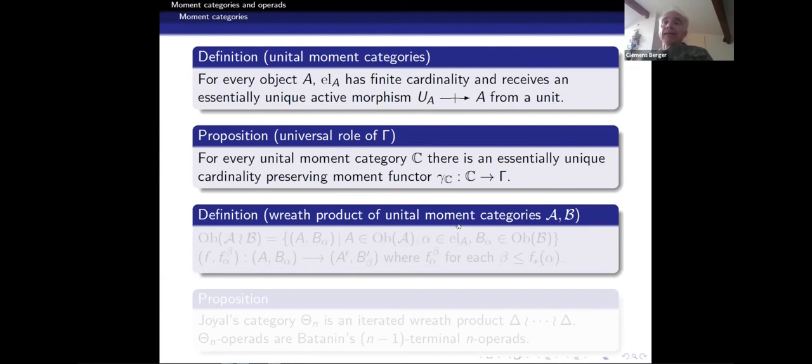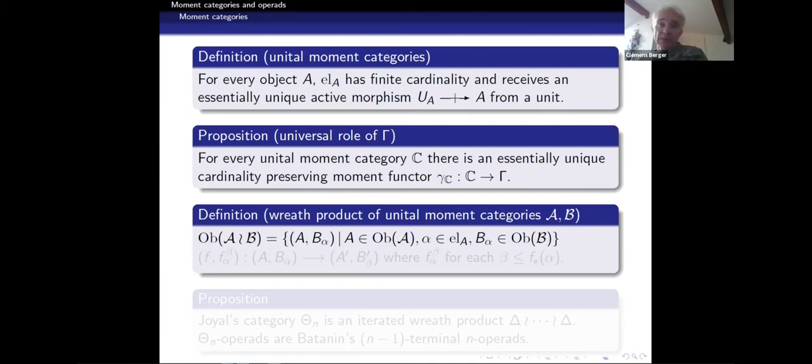Now, if you have unital moment categories, you can define a Riesz product. And the Riesz product is an asymmetric structure.